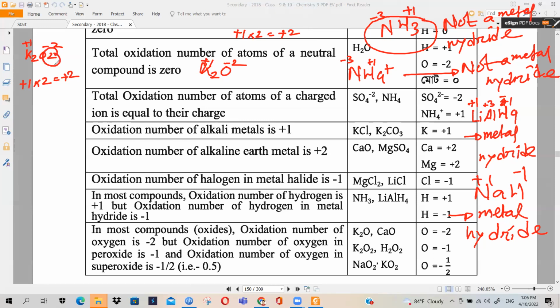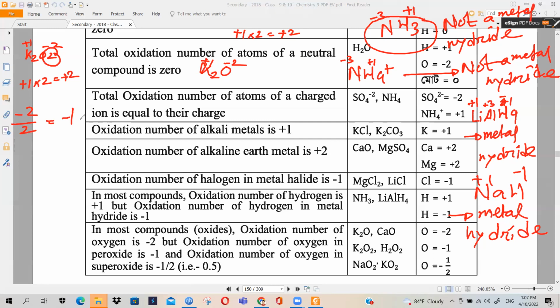K2O2, so it's like potassium peroxide. I mean, for simplification or understanding, that is why I'm saying that. So 2 oxygens account for minus 2 charge. So 1 oxygen accounts for minus 2 upon 2 equals minus 1 charge, right?